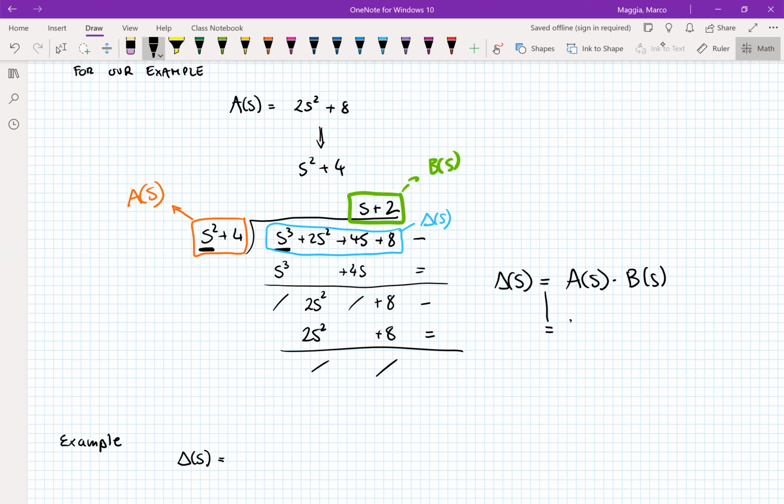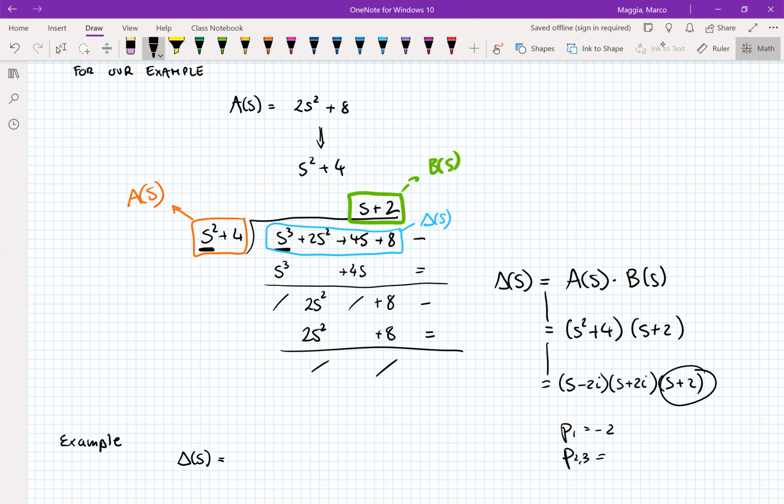We have it, all factored out. You can also factor it even more. And now you can recognize the 3 poles that we've listed before. We have P1 equals -2, corresponding to this, and P2 and P3 equal to plus or minus 2i, corresponding to these two.